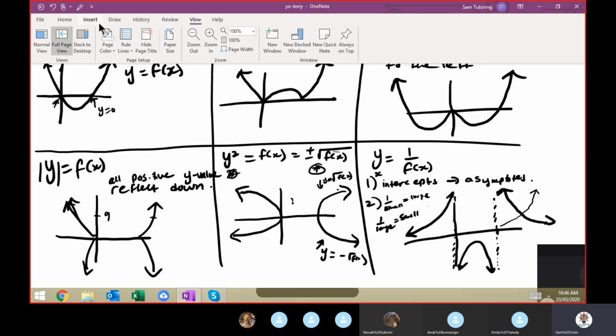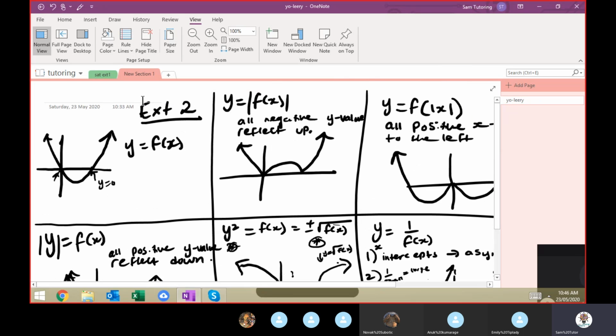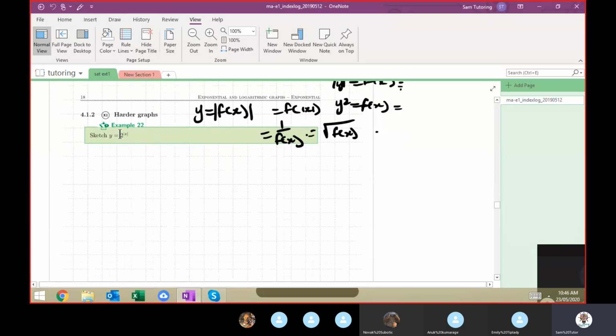Let's go back to this question. Normal view. Let's go back to these now. And then if I need to, I'll refer back to that. So look, y equals 2 absolute value of x. Well, that's not this one here. It's not the whole thing that's absolute value. It's just the x that's absolute value.